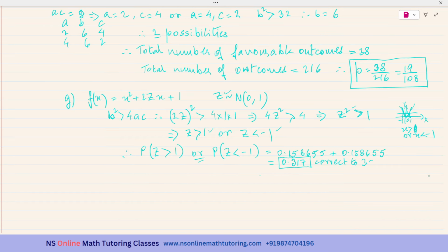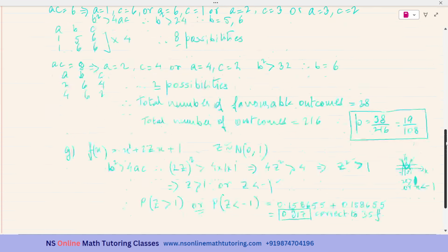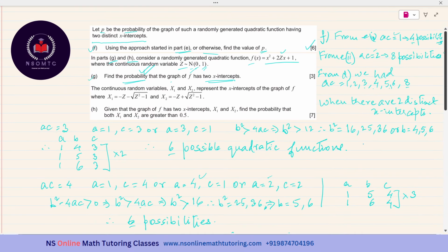Correct to 3 significant figures. Coming to the last subpart of this question, the continuous random variables x1 and x2 represent the x-intercepts of the graph of f, where x1 is equal to -z minus square root of z squared minus 1 and x2 is equal to -z plus square root of z squared minus 1.